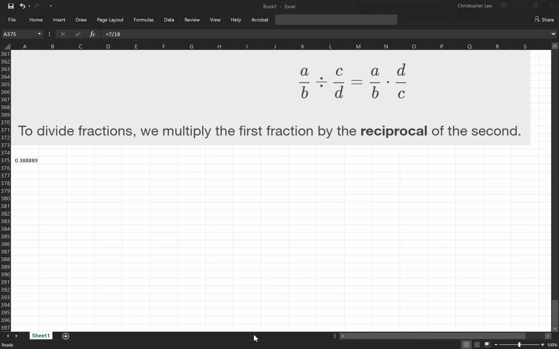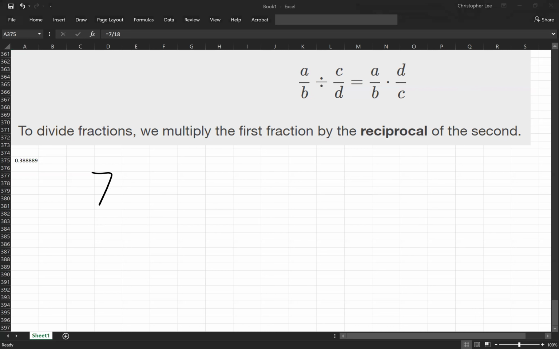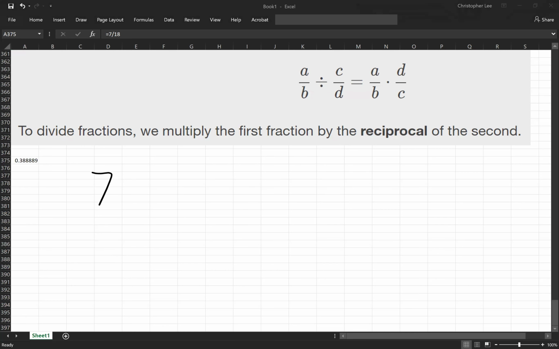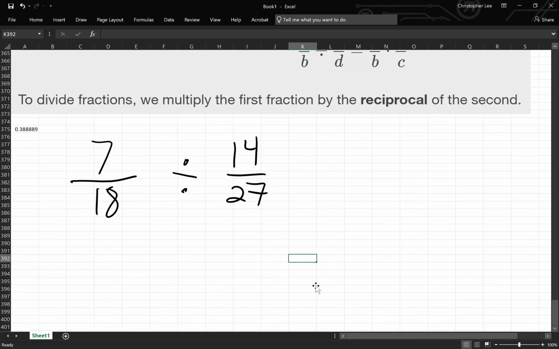So 7 over 18 divided by 14 over 27. What you want to do is take the reciprocal of the second one and then multiply it.